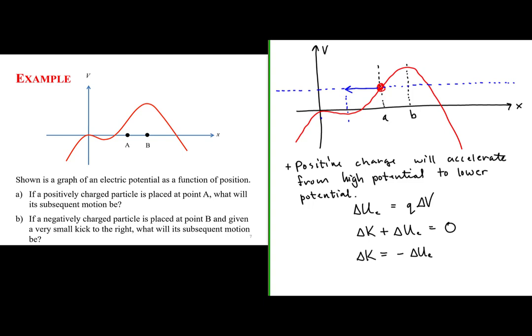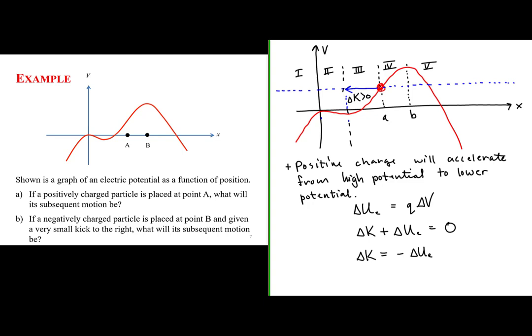So for this proton, and I'm going to identify these different regions as region 1, region 2, region 3, region 4, and region 5, the proton will speed up in region 3 because its potential energy is decreasing, which means its kinetic energy is increasing in region 3.